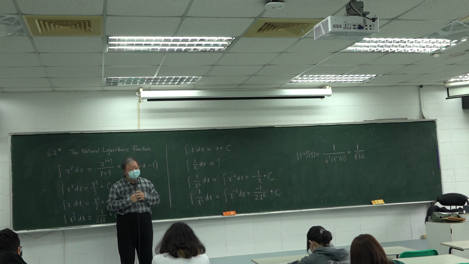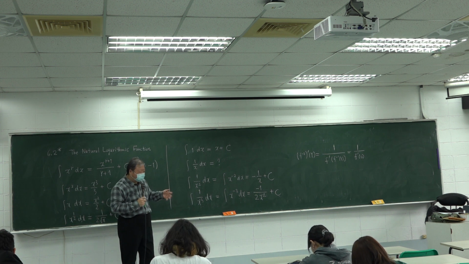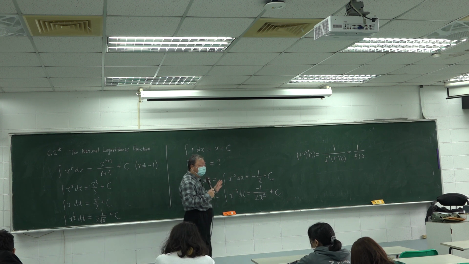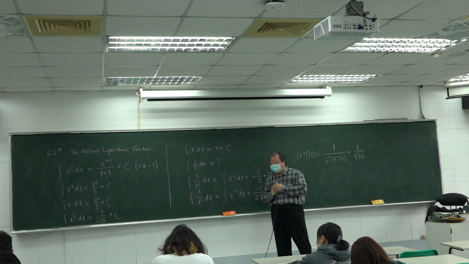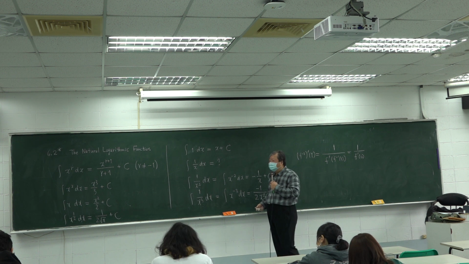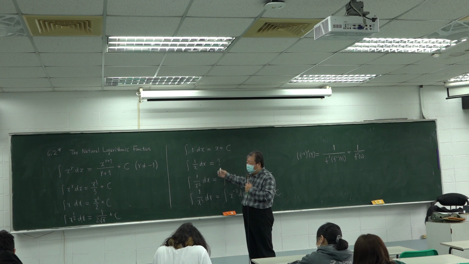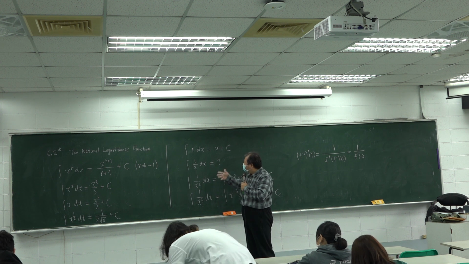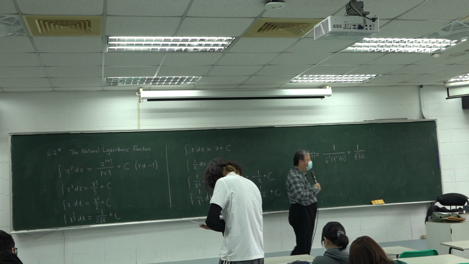Okay. So in this section and the next few sections, we will solve all these problems. Okay, take a short break. We will solve this problem first. Find the antiderivative of this integrand.